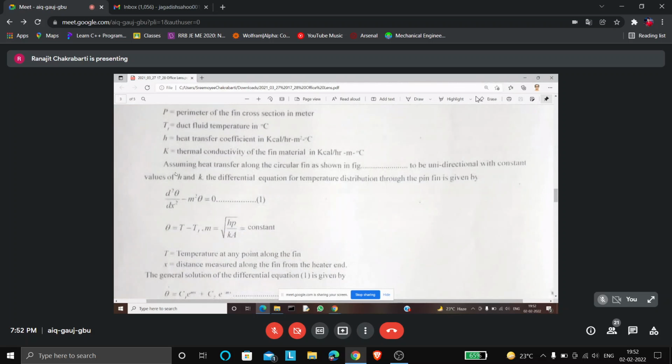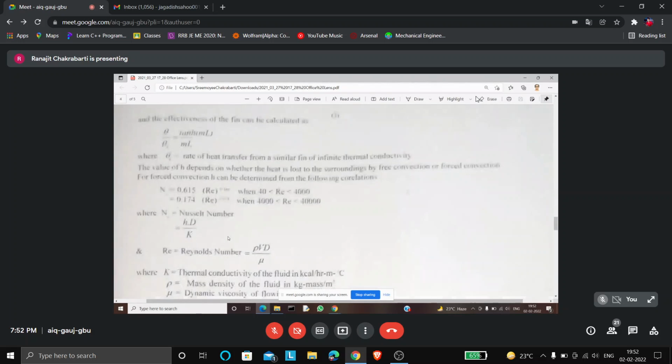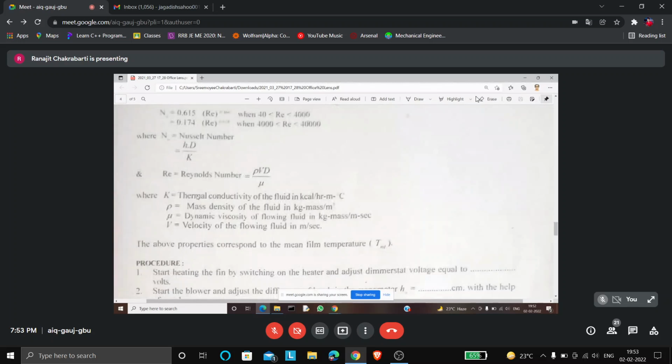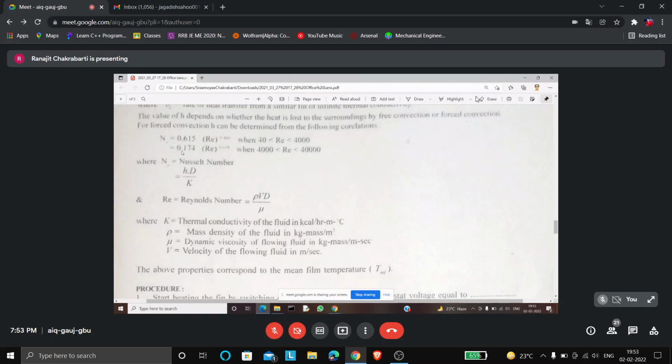Mind that this is small k, not the k of the rod material; this k is the thermal conductivity of the fluid. So if you know D and k, and if you know the Nusselt number, then you can find out h. That is how you have to find h.